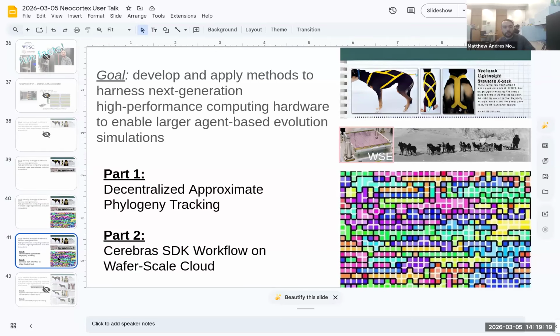We'll go through this in two parts. The first part is talking about the core algorithms and strategy that we're using for decentralized phylogeny tracking, phylogeny being ancestry trees, which we'll define and introduce. And the second part looks at how this strategy actually maps in practice onto the Wafer-Scale engine.